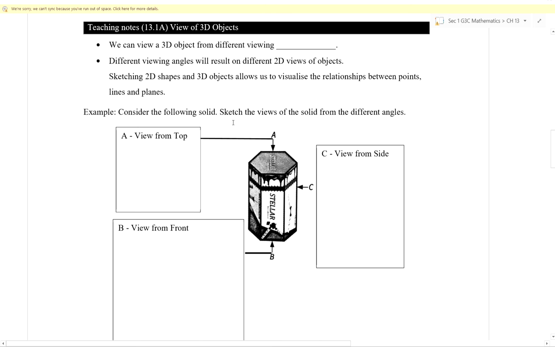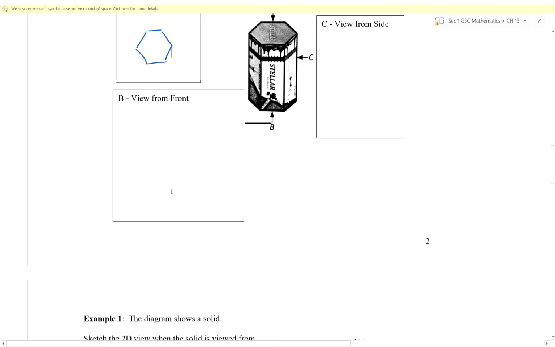For a 3D object, we can view it from different angles. By viewing from different angles, we get different shapes. For example, if we view this particular 3D object from the top, what we will see is a hexagon. This is the view from the top. Now if we look at this object from the front, from B, we see a rectangle.